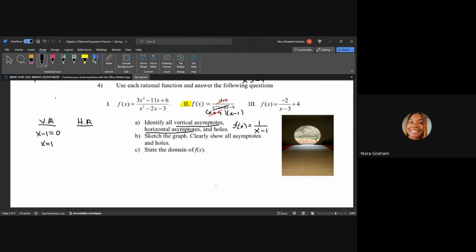We'll call our top exponent n, and our bottom exponent m. This is for our leading exponent. If n is less than m, that means our horizontal asymptote is going to be y equals 0.